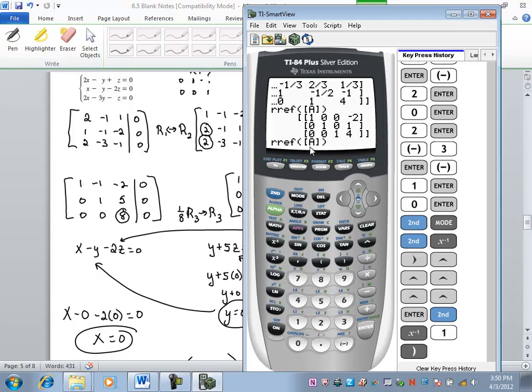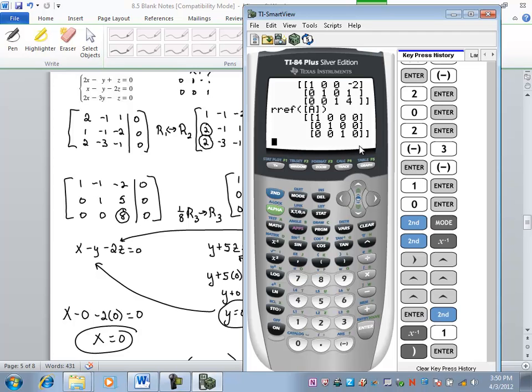This would have brought up the RREF of A, hit enter, and you would have seen that 1x equals 0, 1y equals 0, and 1z equals 0. And so there's our solution there. The calculator verifies it.